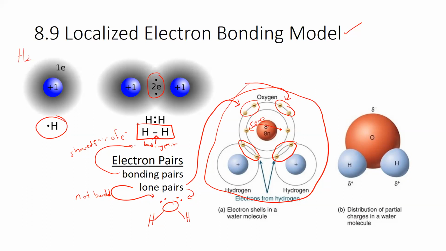Or we're going to have bonded pairs, and bonded pairs are shared, right? So those bonding pairs are shared electrons that reside between the two atoms, or are localized right between the bonded atoms.